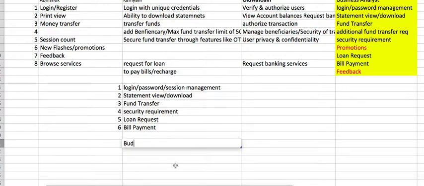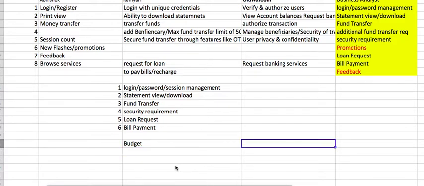Can you guess what the budget of this project could be? What do you think it should be? 5 million, 10 million, whatever you feel. 2 crores is basically 20 million INR.